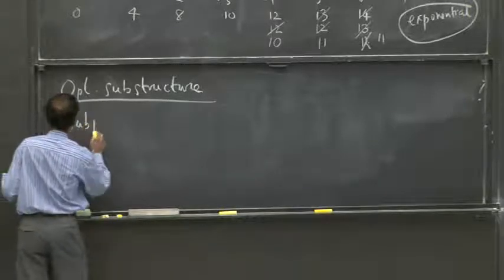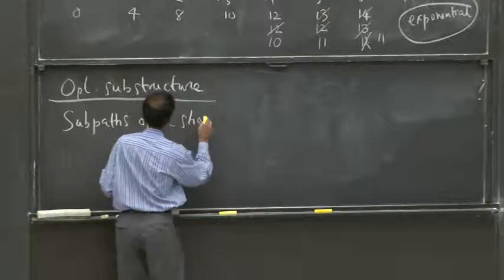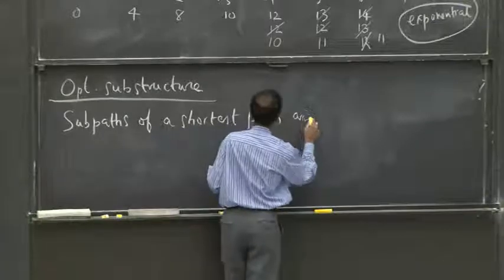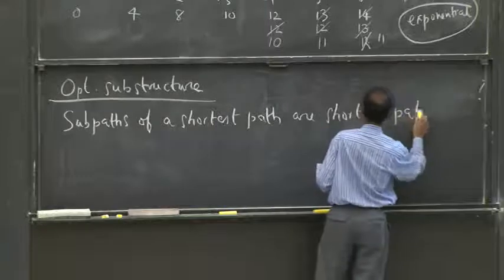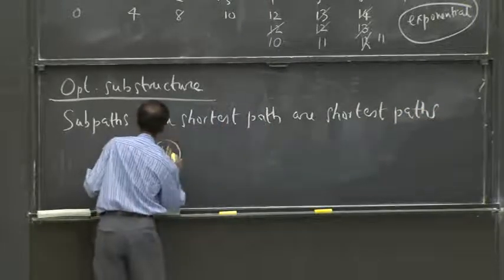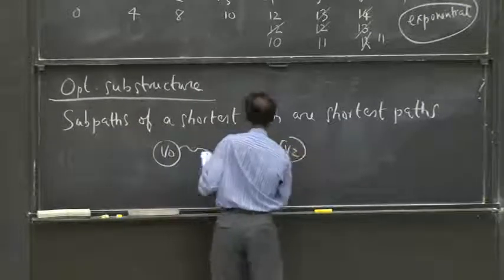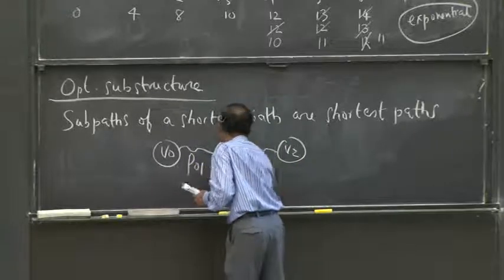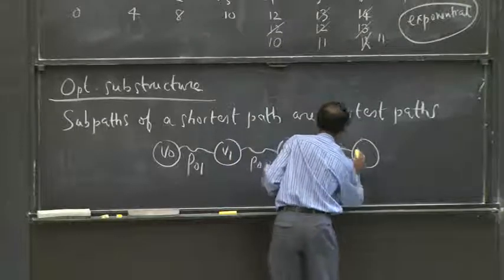And the first one says subpaths of a shortest path are shortest paths. Okay? And all that means is if I had V0 and I went to V1 and I went to V2, and these are paths here. So this could be P01, P02, P03.